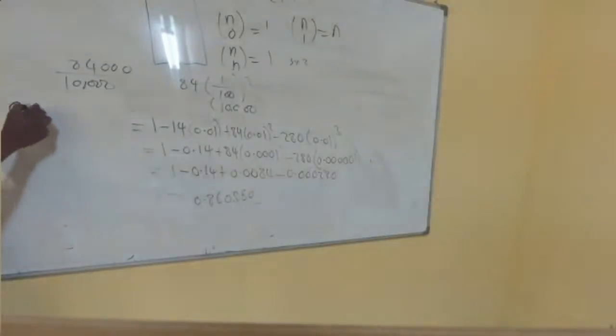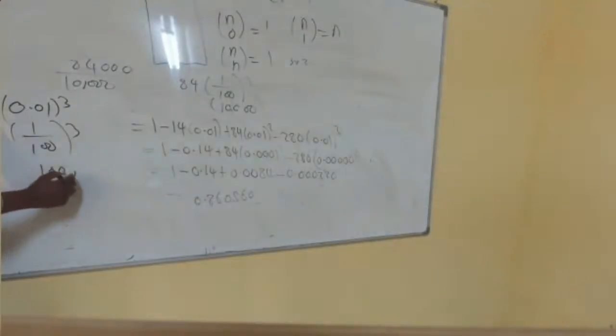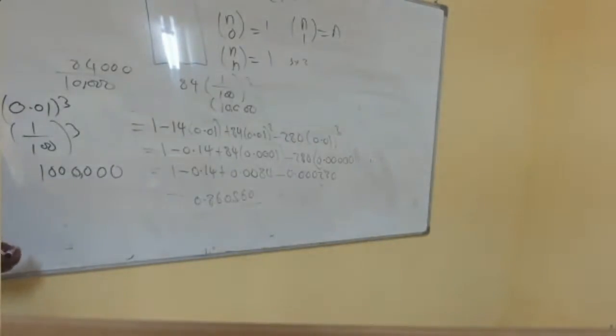The 0.01 to the power 3, it's the same thing. So 0.01 is like saying 1 over 100 to the power 3, so this is basically 1 million. Then we have 280 divided by 1 million, so you end up having 0.000280. So that's how we find those values.